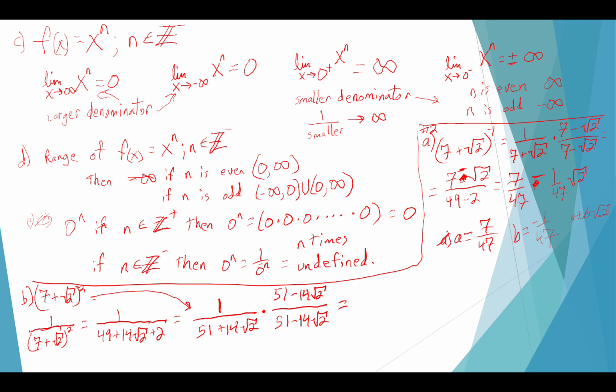Okay, so the top part's easy. Let's do the top part. 51 minus 14 square root 2. That's beautiful. 51 times 51. What is 51 times 51? 51 times 51 is 1 times 1, 2601.